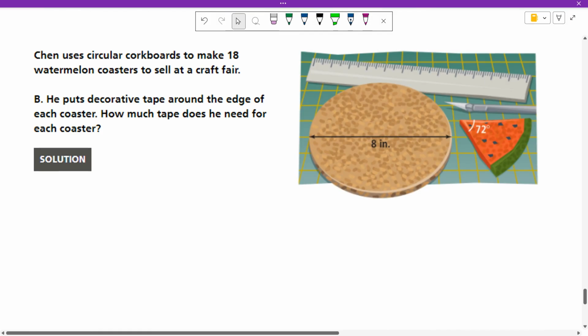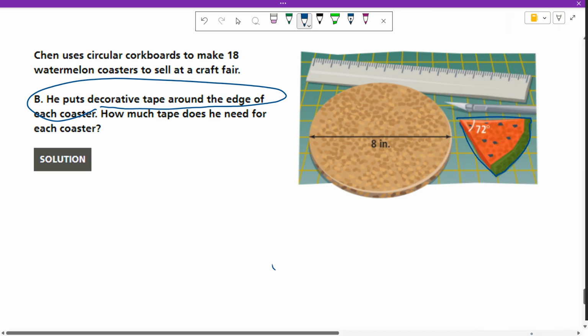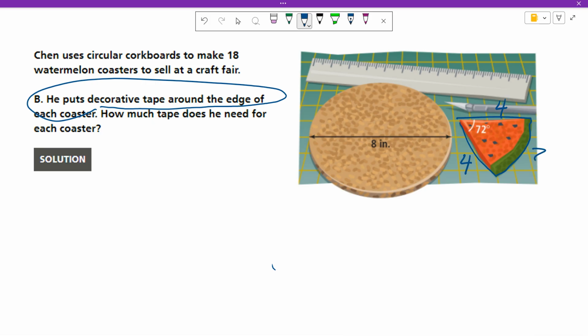Now these coasters he's going to wrap with decorative tape around each coaster. So to get the length around each coaster, we know this side is 4. This side is 4, but we don't know how much this side is. How can we find that? That is the arc length.